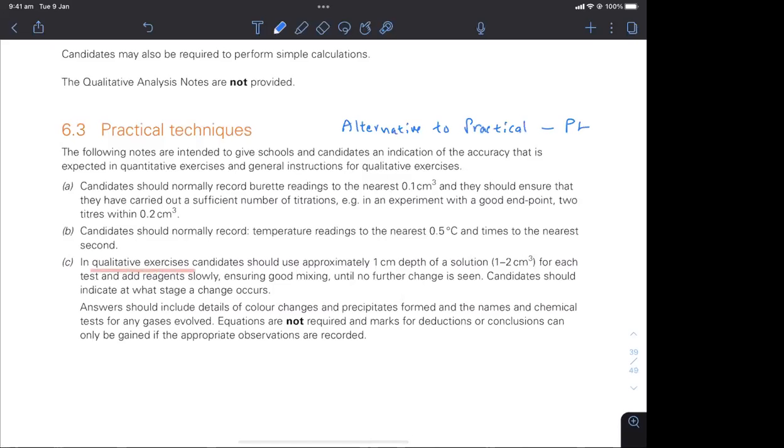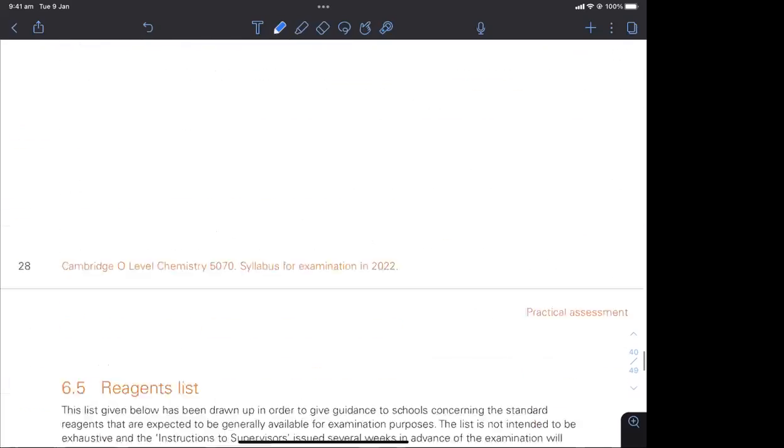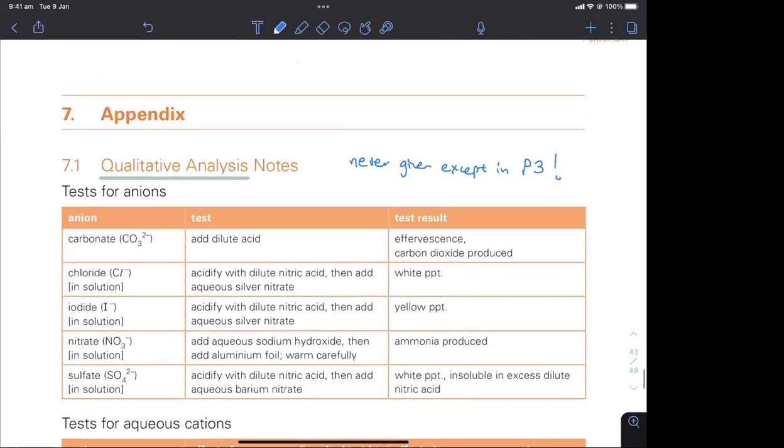You need to think about these tests for cations and anions as well, because this table here, qualitative analysis notes, in your current 2022 syllabus, is not given. It's not given in paper 1, not in paper 2, and not in paper 4, even though paper 4 is the alternative to practical.